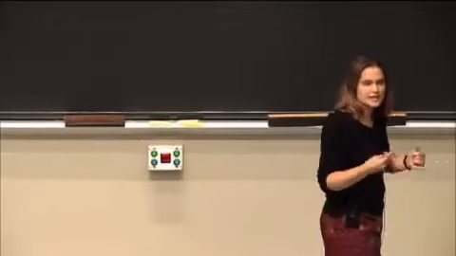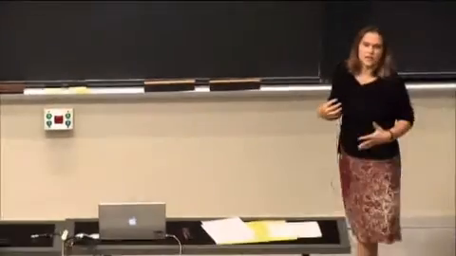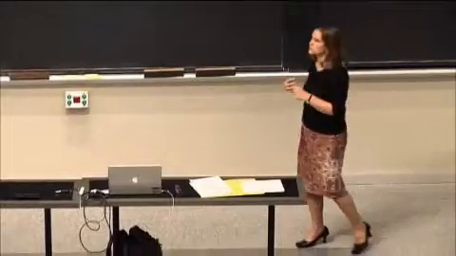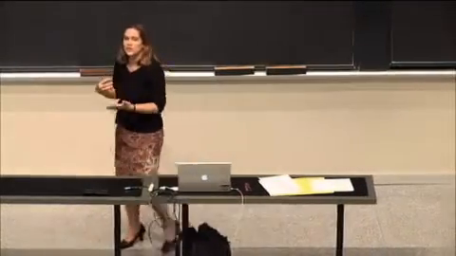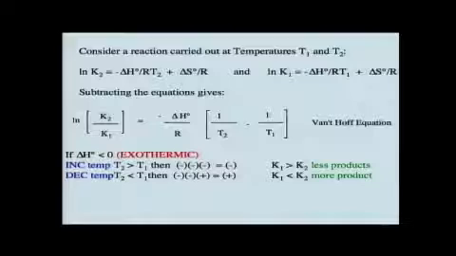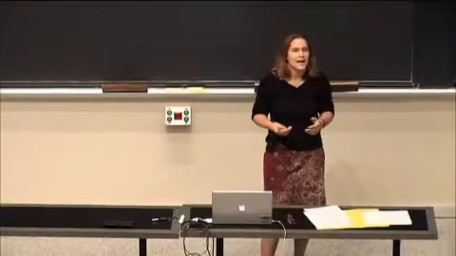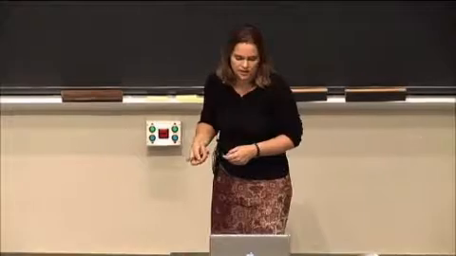All right, so that's an exothermic reaction. If you're ever having problems with Le Chatelier, you can use the van 't Hoff equation to think about what you would expect in terms of this shift, and what you would expect if you change the temperature of an exothermic reaction, in terms of the magnitude of the new equilibrium constants.